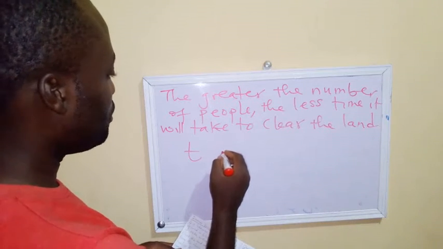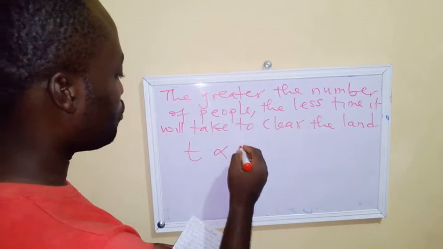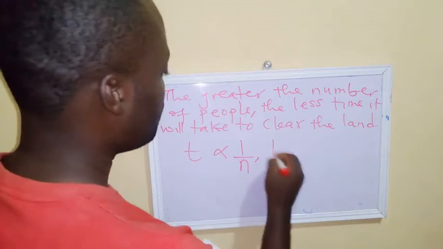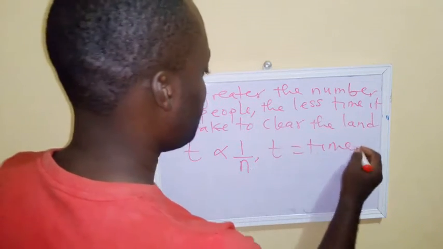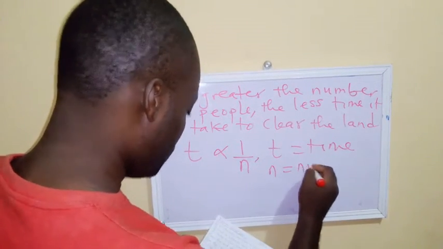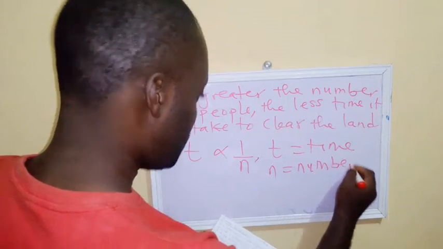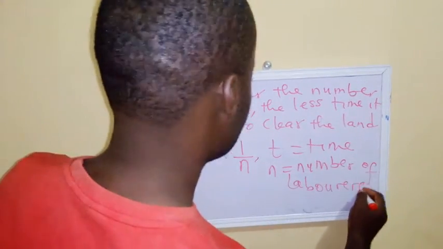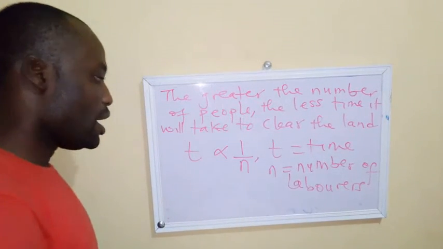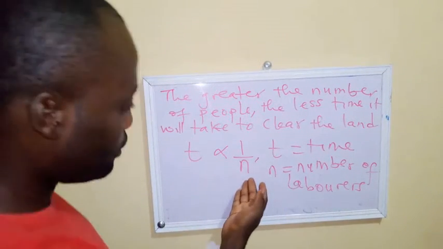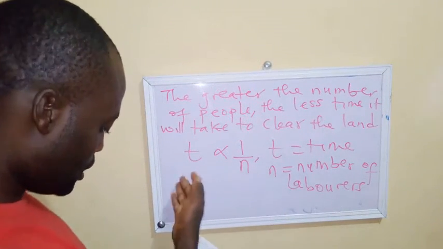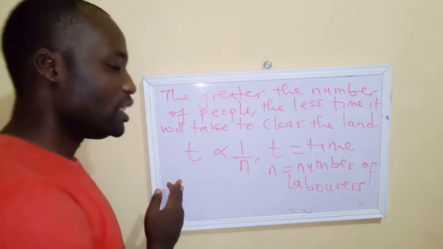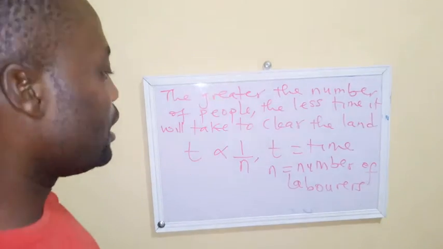So we can have it that T is proportional to 1 over n. And what does this mean? T is equal to time and n is equal to number of laborers. So what we are saying is the greater the number of laborers, the lesser the time it will take to clear the land.